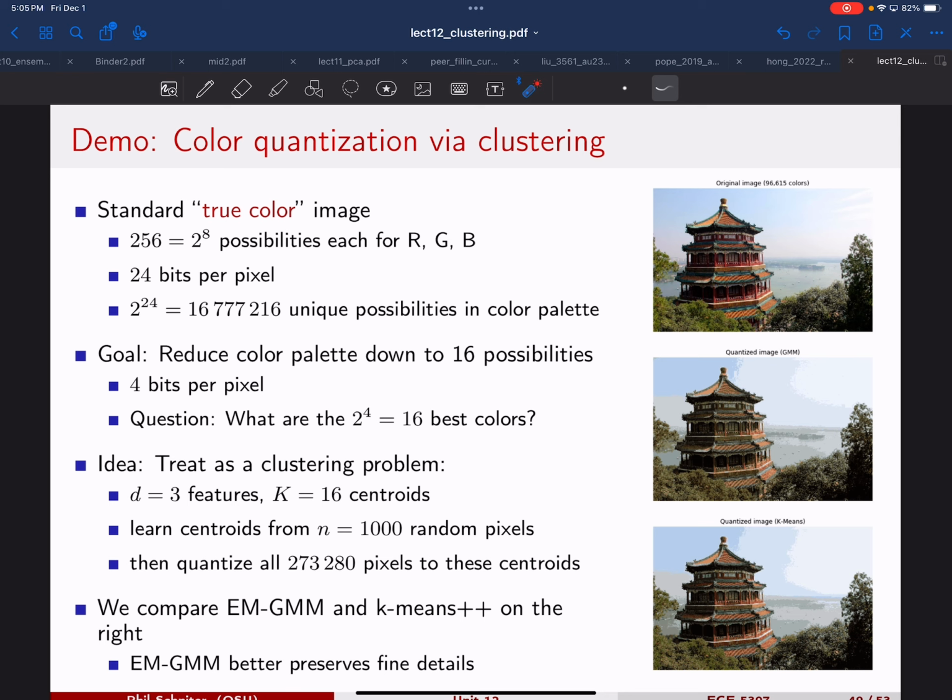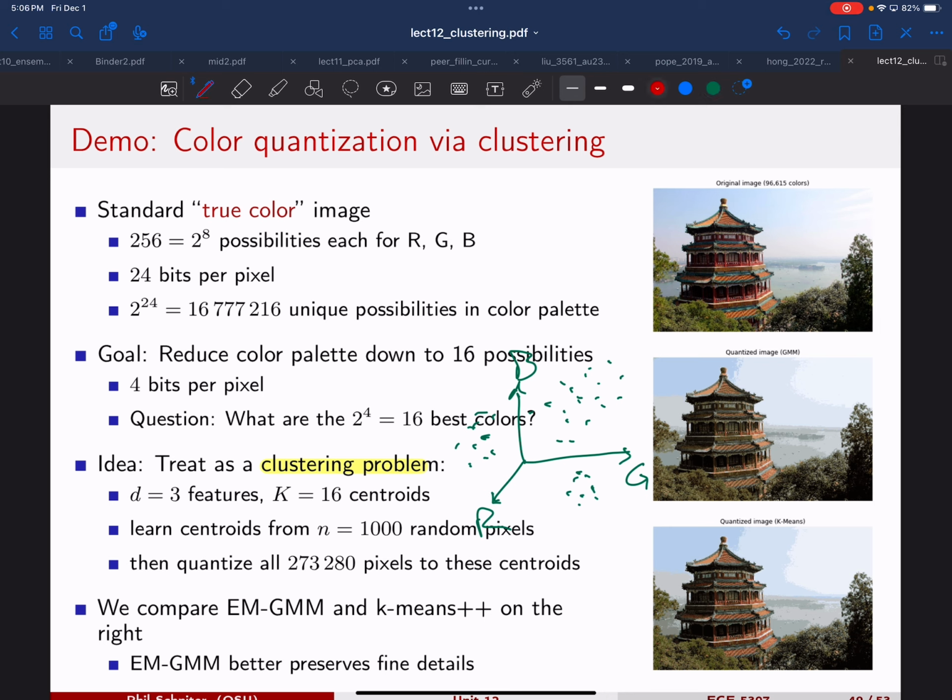Interestingly enough, we can actually treat this as a clustering problem. So maybe if I try to visualize it, our features are in 3 dimensions, RGB. These are real numbers in 3 dimensions. You can imagine that each one of these is a pixel in the image. I have a whole bunch of pixels in this image, which gives me this 3-dimensional scatter plot.